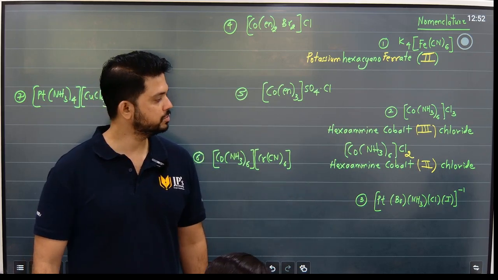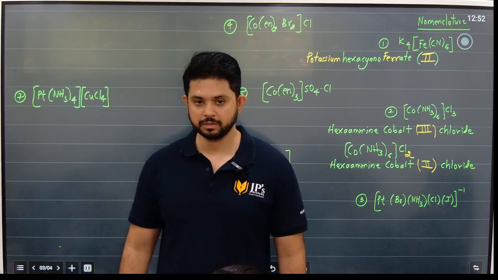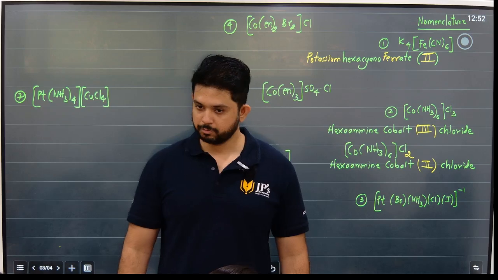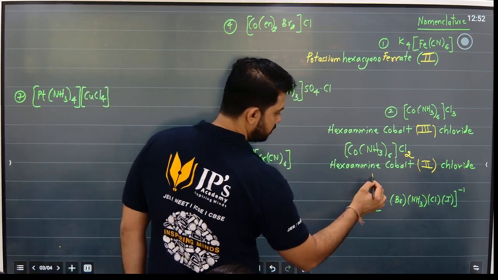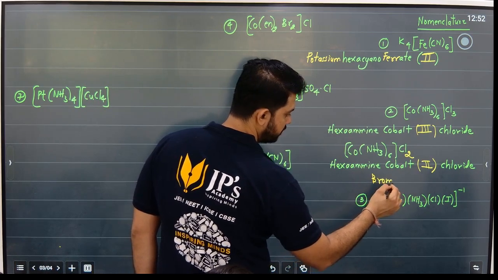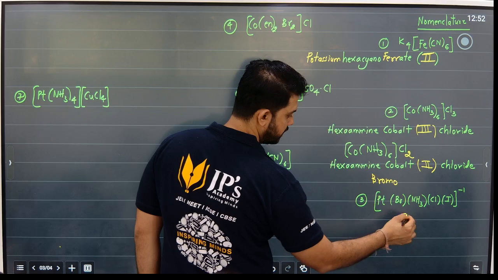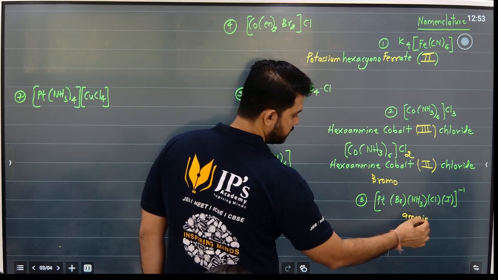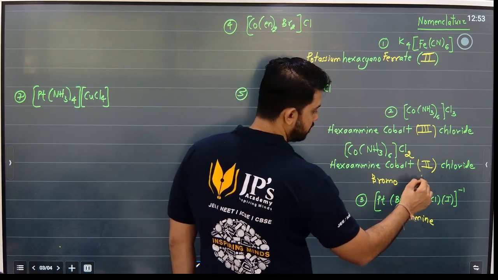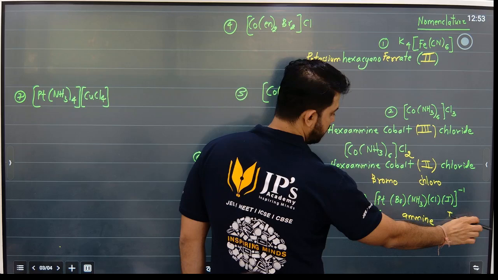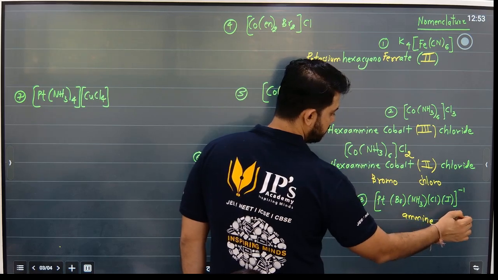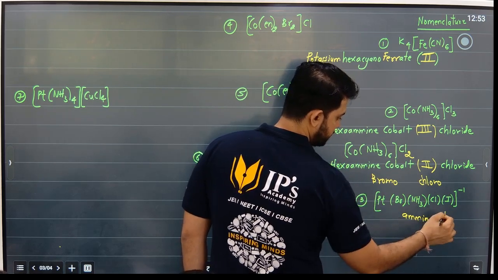Over here what we observe is there are multiple ligands. What is the first ligand that we see? Bromido, bromo or bromido. What is the second? Ammine. Third, chloro, chlorido. Fourth, iodo, iodido. Yes or no?